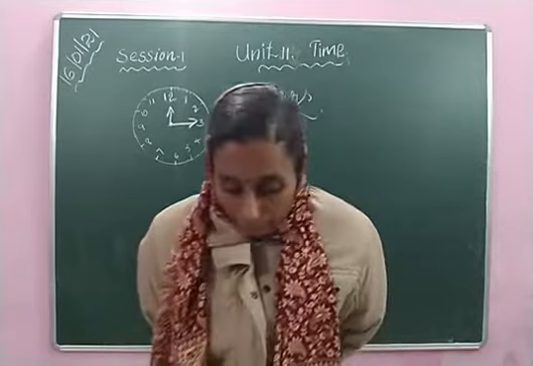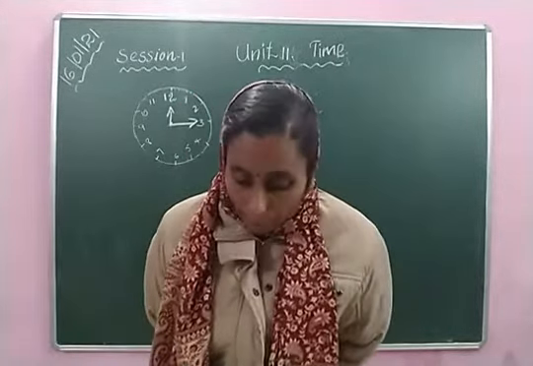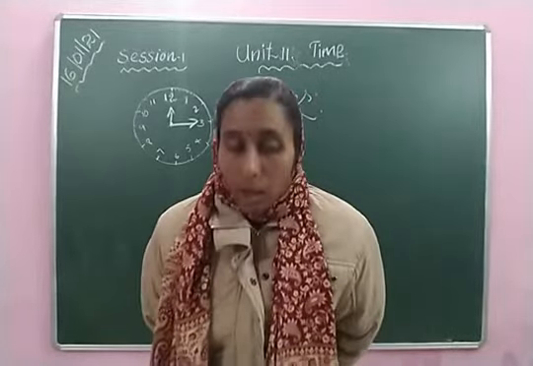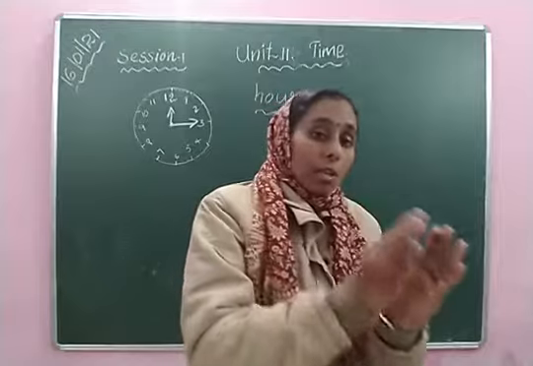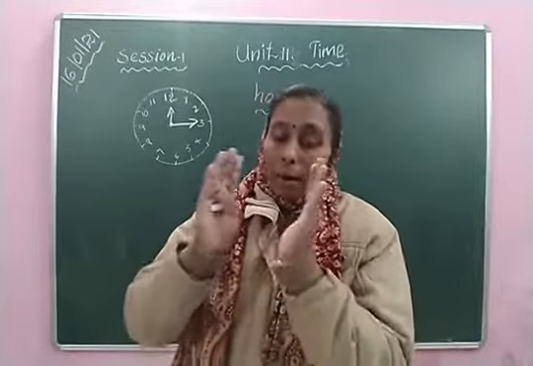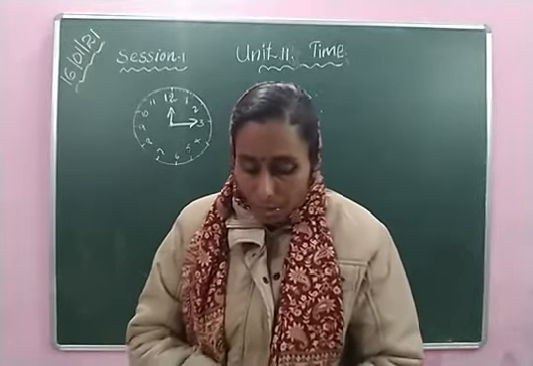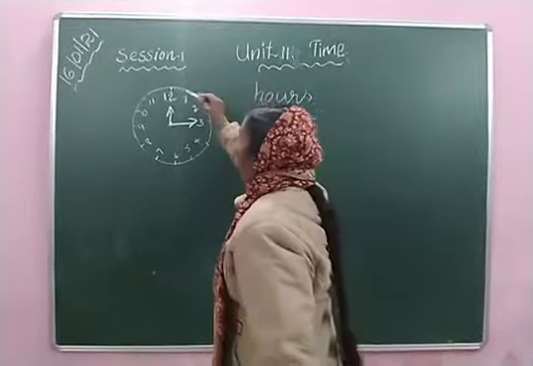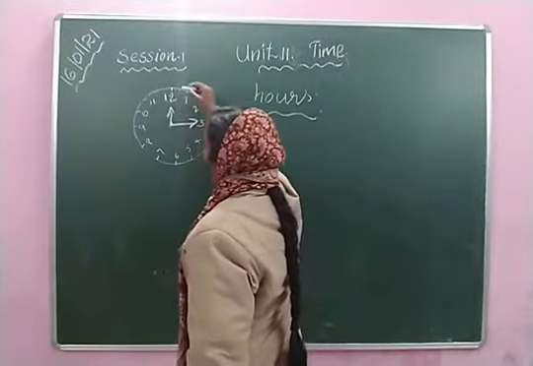When the hour hand moves from one number to the next, 1 hour passes. I have told you the clock is divided into 12 equal parts.